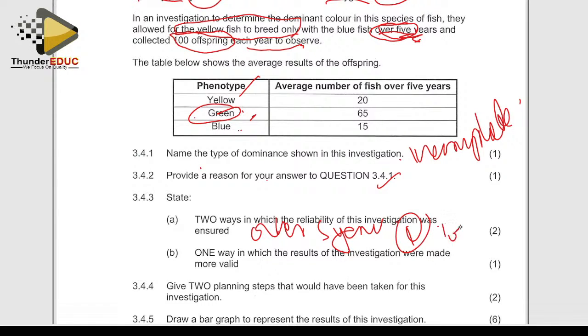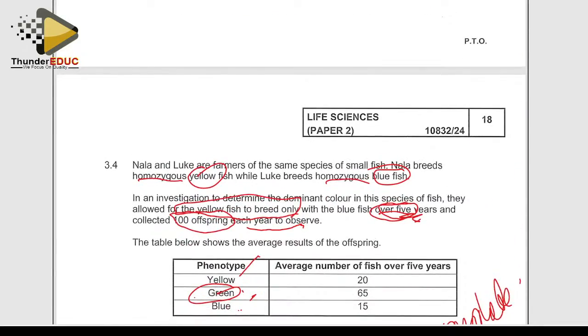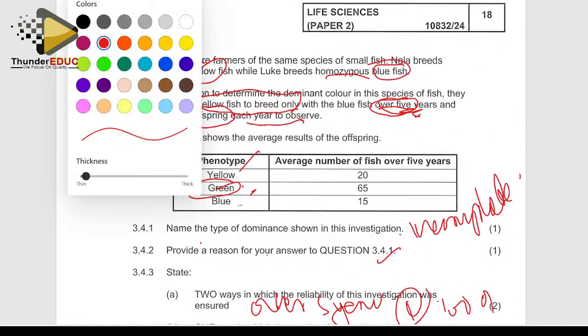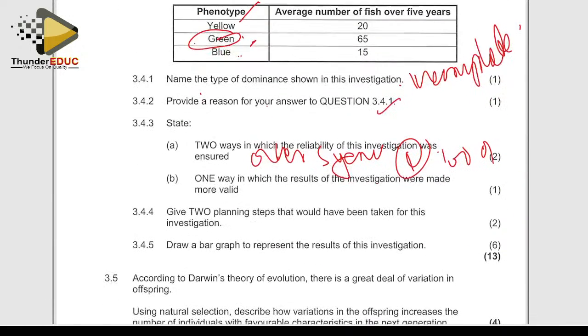You understand? 100 offsprings each year. So this is the first point, and then this is the second point for the reliability.